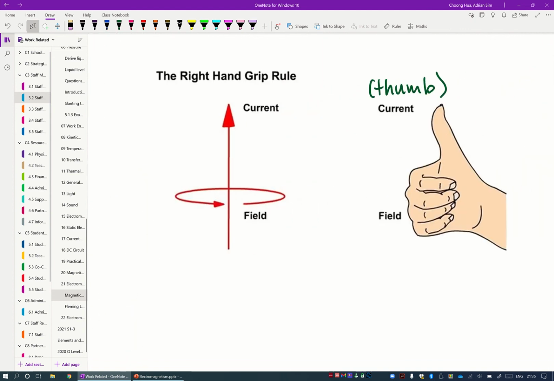Next, the direction of the fingers. As I drew in the green marker here, the direction of the fingers is the direction of the magnetic field.